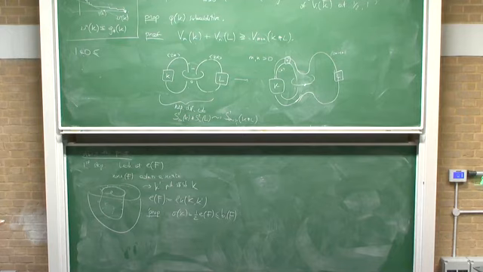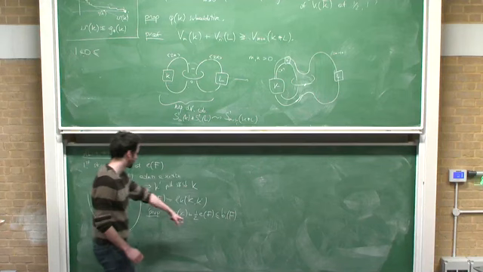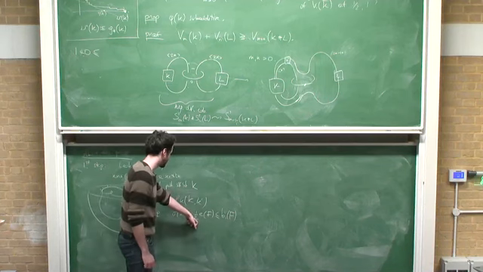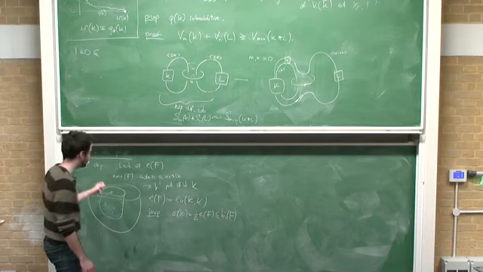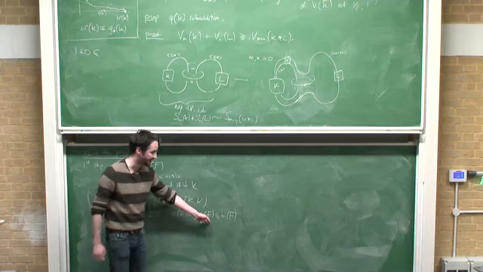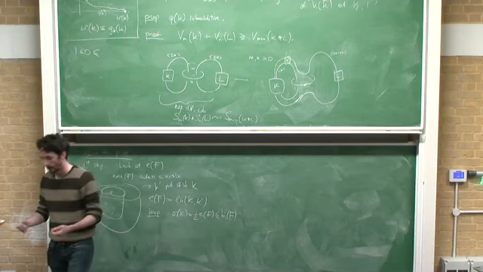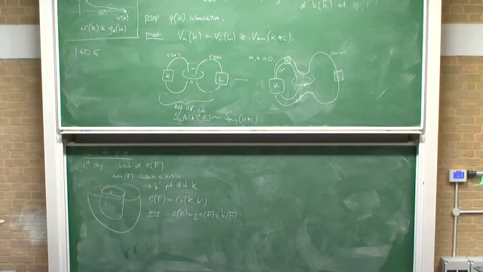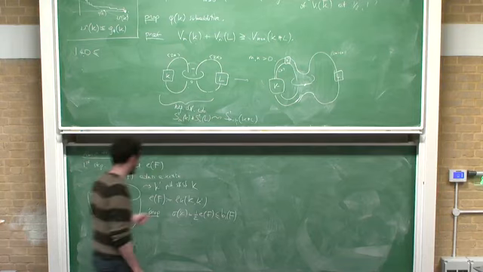And how do they prove this? Well, this quantity is the signature of the double cover of B4 branched over F. Basically this is by the equivariant signature, the G-signature theorem.